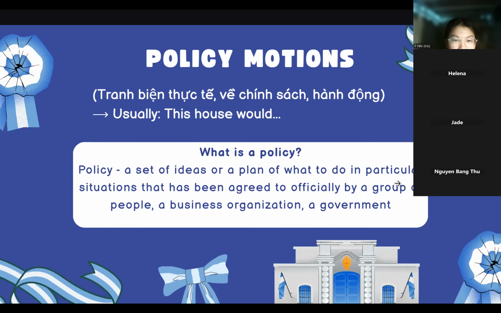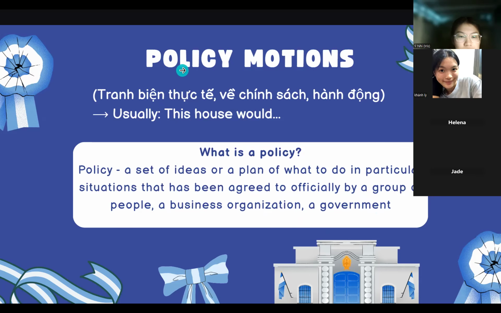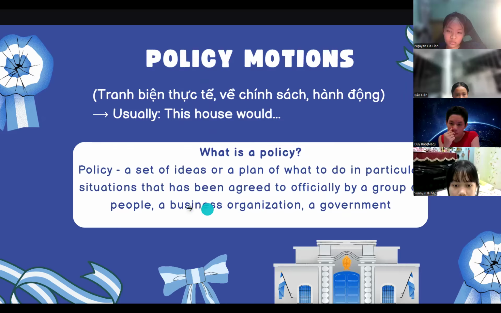Okay. So, policy motions. If you look on the screen, the word policy basically means chính sách, kiểu chính sách của nhà nước. But in debate, it doesn't have to be government. It can be a business, people, or just normal citizens. And it always starts with "this house would", because we would do something.